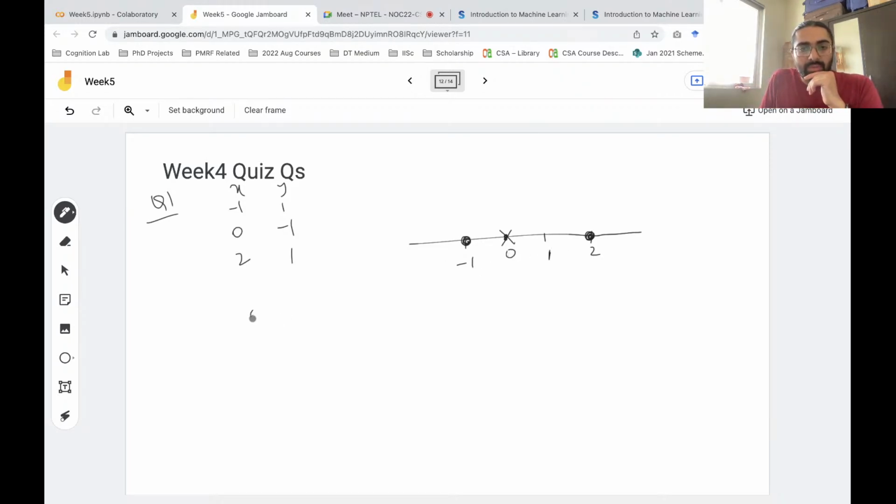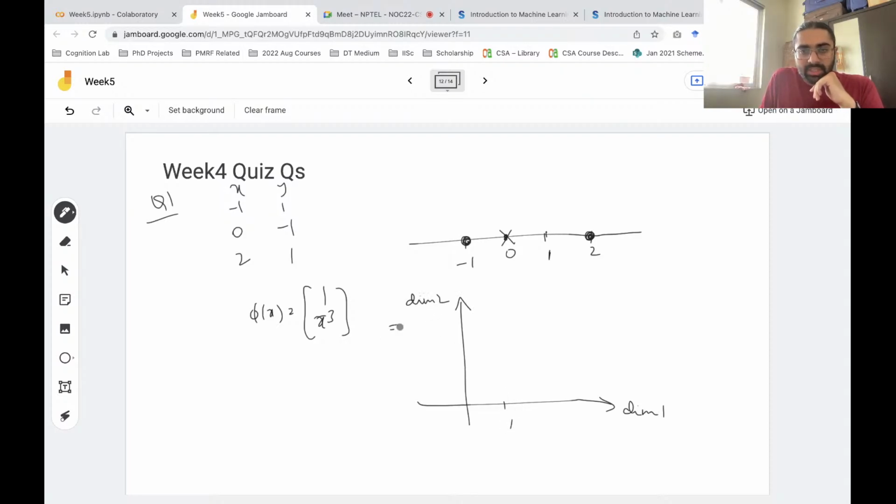So let's say I use a basis expansion of phi of x equal to 1 and x cube. So what will happen? Your points are now in two dimensions. Let's call this dimension 1, which is always 1 by the way, and dimension 2, which is x cube.